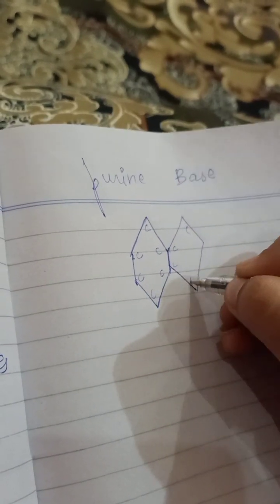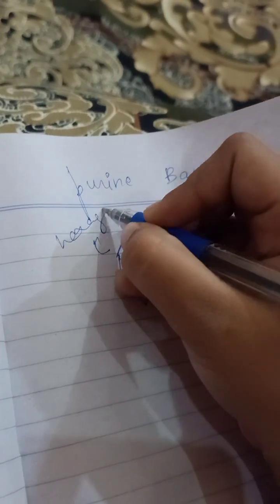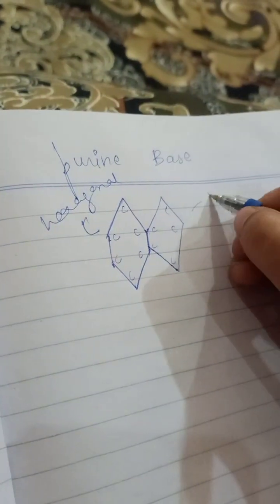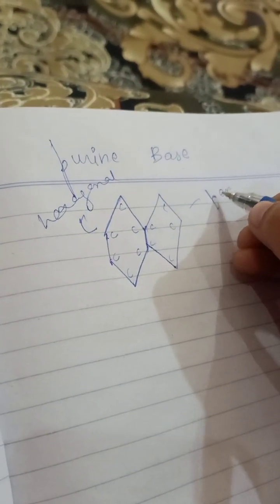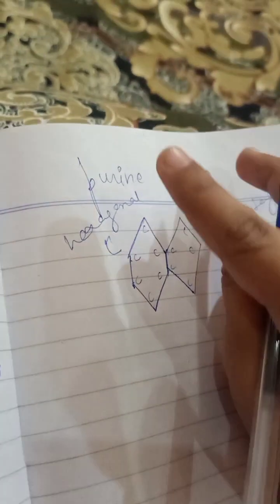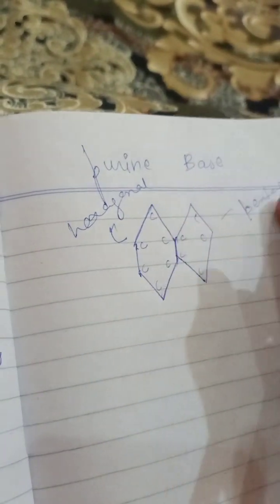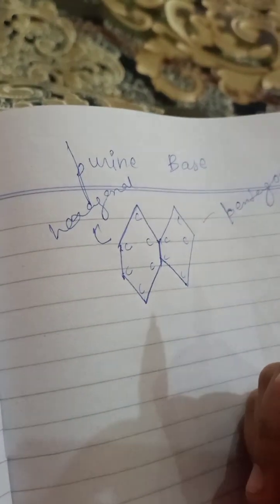Carbon, carbon, carbon, carbon, carbon. This is hexagonal, and this is the pentagonal. Okay, in every purine base, the first ring will be hexagonal and the second one will be the pentagonal.